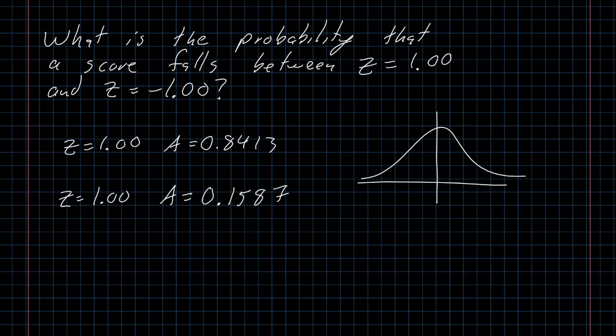But for the first few, I'm going to draw out what these things mean on a standard normal distribution. So if I pick z equals 1 right here, the portion of the distribution to the left of that, all of this space, is 0.8413.